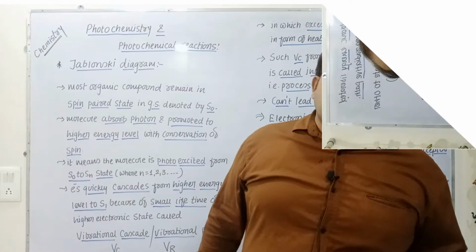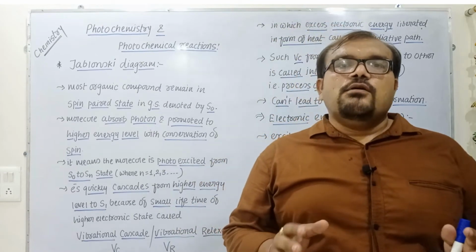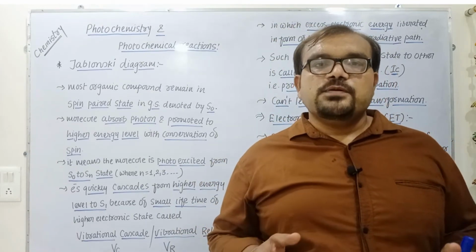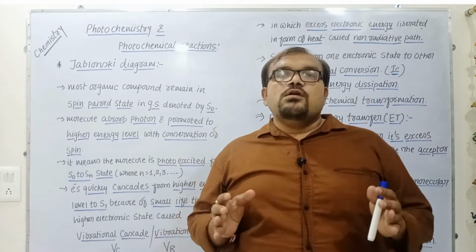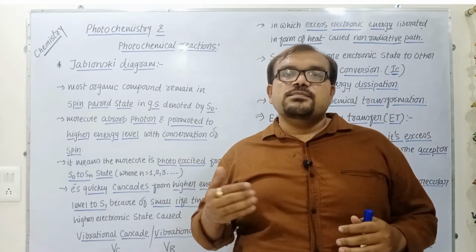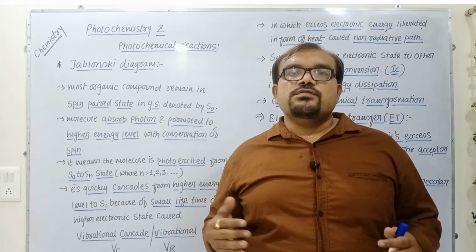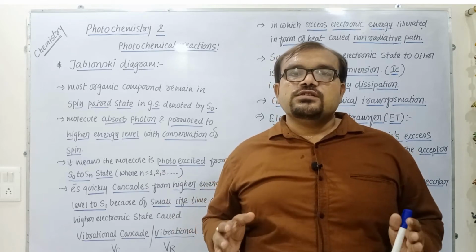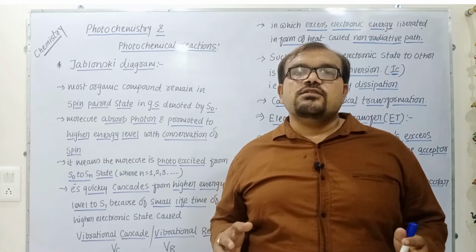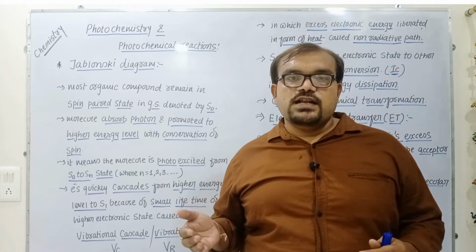So friends, after discussion of the basic principles of photochemistry, we should know certain basic terminology of photochemistry before we start photochemical reactions, and most of such terminologies are included in the Jablonski diagram.